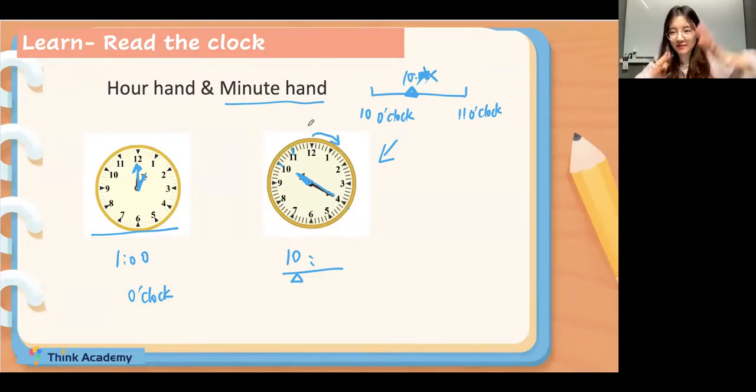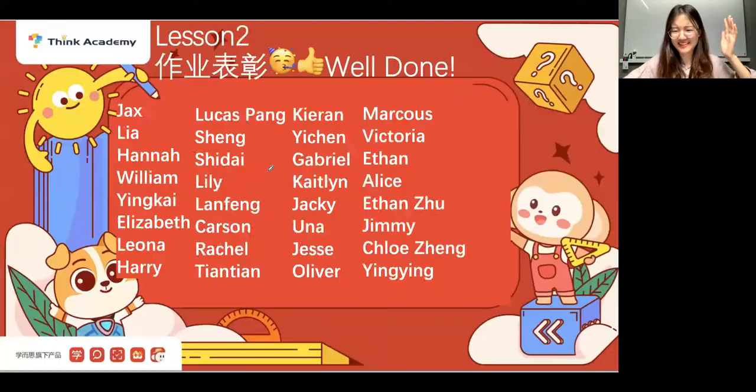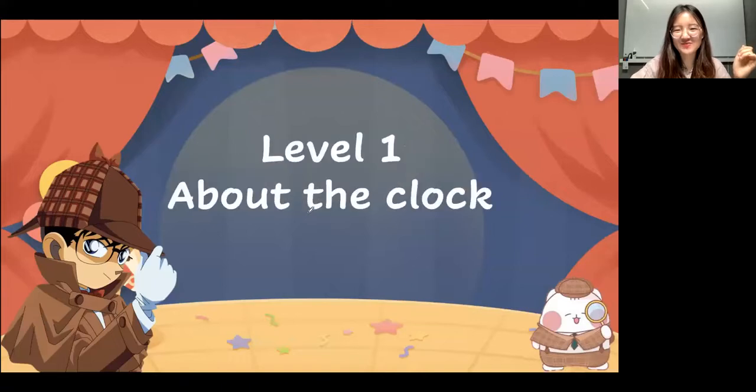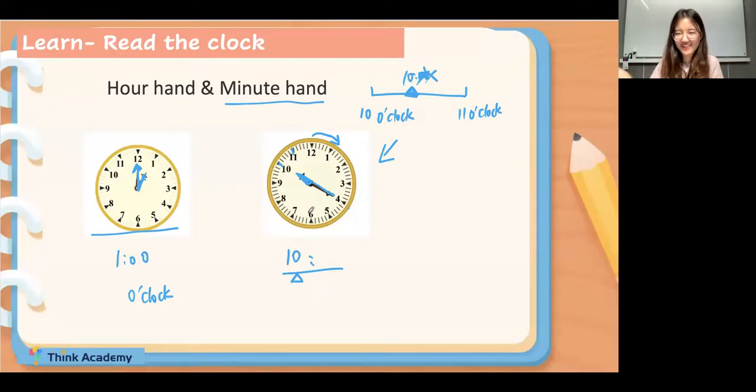So everyone, listen, my question is, if the minute hand traveled from 12 to 4, how many minutes does the 4 represent? So for the 1, it represents 5 minutes.